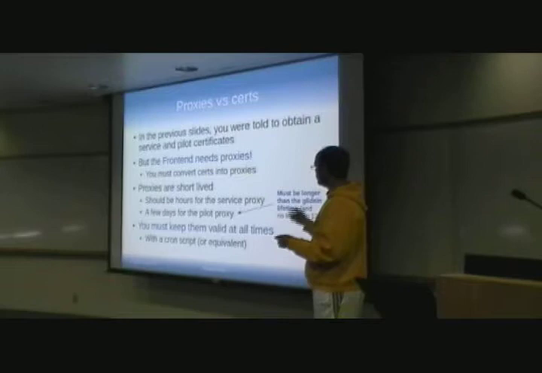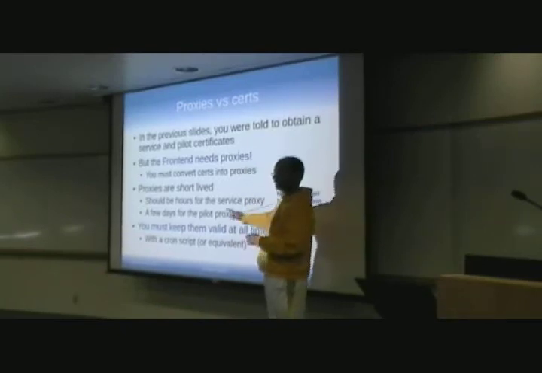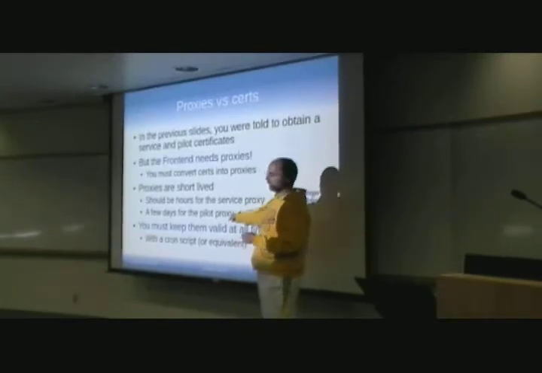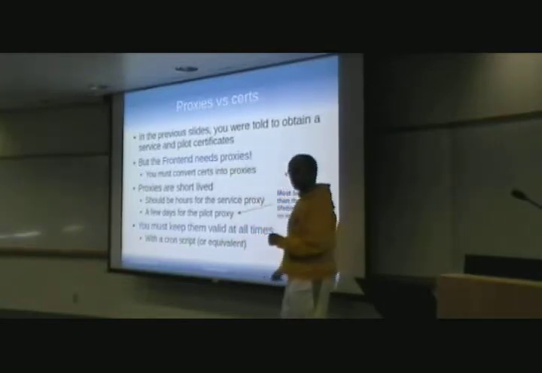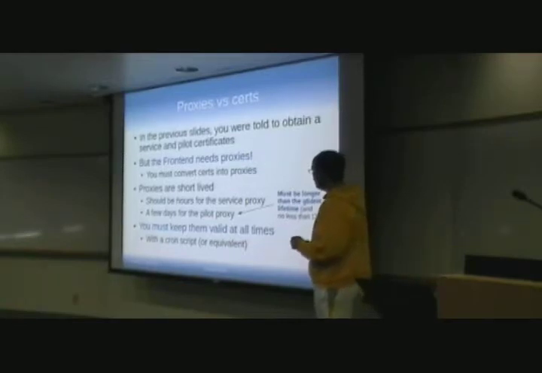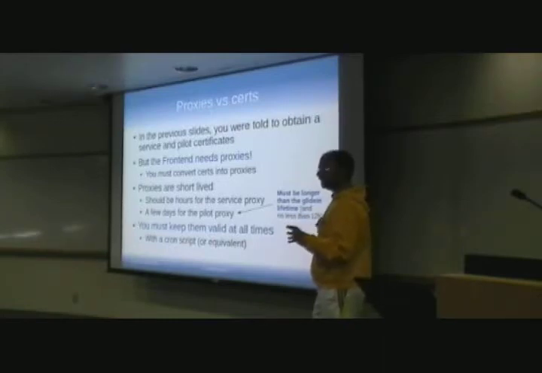So you need to create both the service proxy and the pilot proxy out of the service cert and the pilot cert. The pilot proxy will need to be done with voms-proxy-init, and you can use grid-proxy-init for the service proxy because there is no need of VOMS extensions. How you do it, I will not prescribe anything. In CMS we just use crontab.